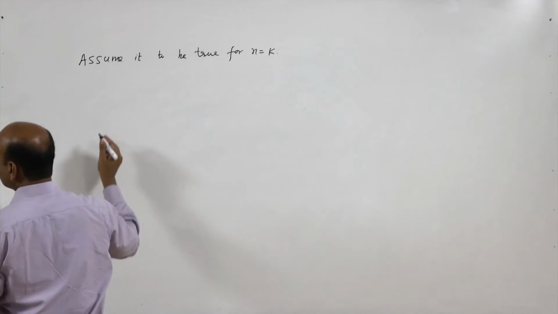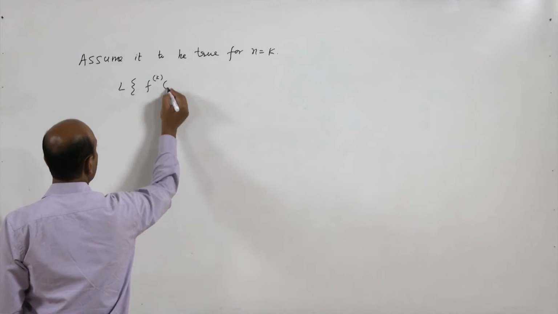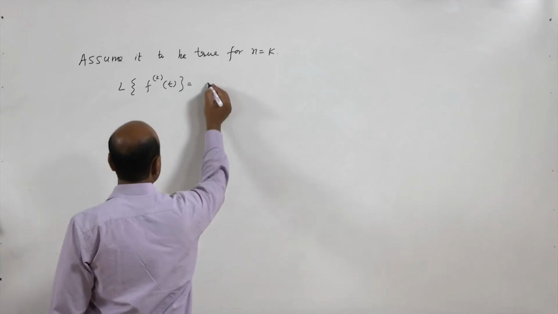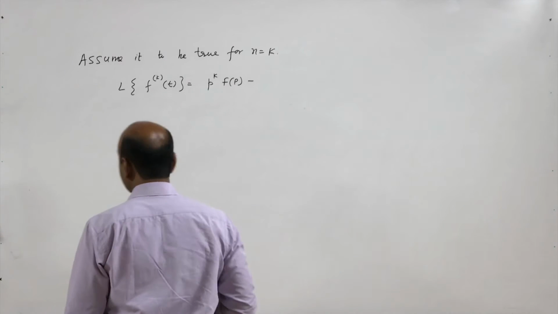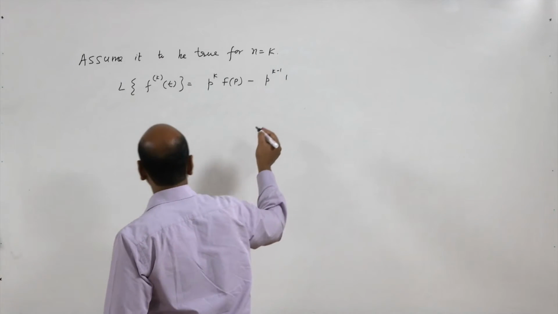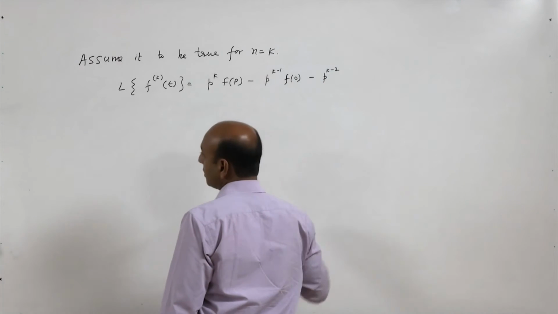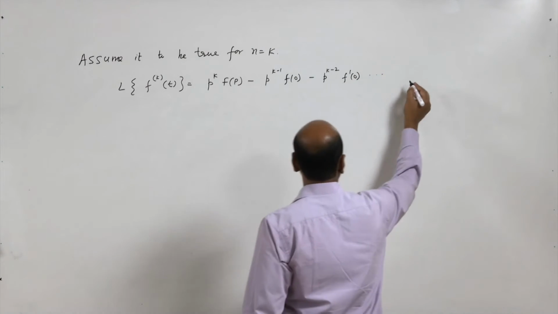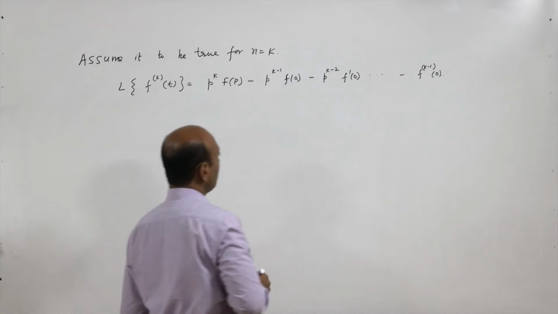What we have assumed is that Laplace of the kth derivative of f with respect to t is nothing but, you can simply replace n by k, so it is p^k F(p) minus p^(k-1) f(0) minus p^(k-2) f dash(0) and so on, minus the (k-1)th derivative of f at t equal to 0.